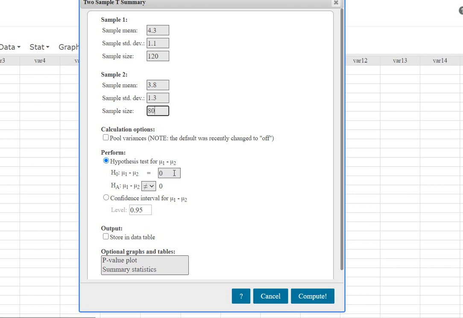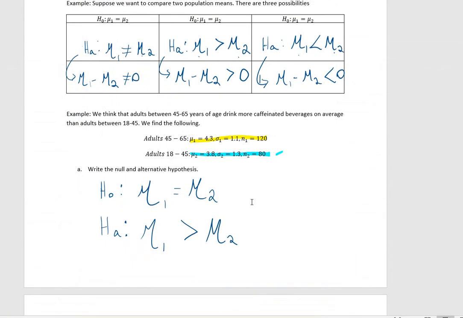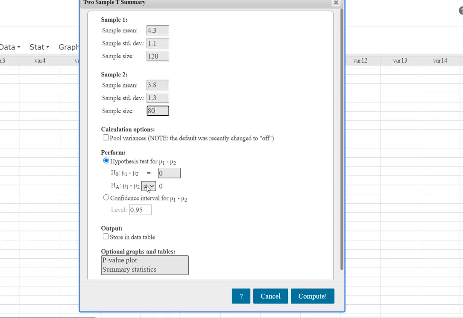Now we think that mu1 minus mu2 is equal to 0, and we think mu1 minus mu2 is, well, do we think it's greater than 0 or less than 0? So let's take a look. We said that mu1 was greater than mu2, which is the same thing, if we subtract mu2 from both sides, as mu1 minus mu2 is greater than 0. So we want that to be greater than 0, and let's see what we get.